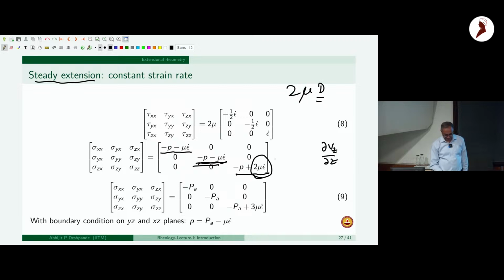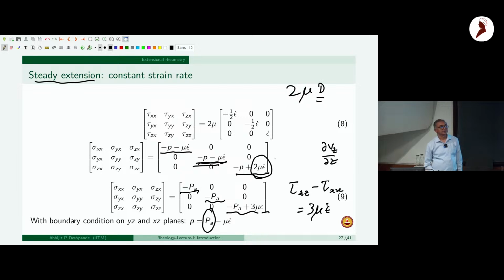What we do is use a boundary condition: there is some atmospheric pressure, let's say Pa, and we remove pressure and write it in terms of the atmospheric pressure. So now if you take tau zz minus tau xx, this is equal to 3 mu epsilon dot. And this is what we define as extensional viscosity.